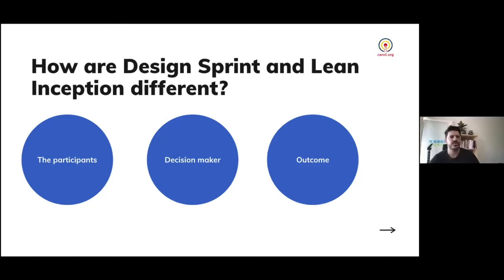Totally. So, well, the other difference, a huge difference, I must say, is the outcome, right? Well, design sprint is, as I mentioned before, to produce a prototype and test it, right? So you will put something real, let's say, a prototype, in the world, and in the inception, the MVP, right?